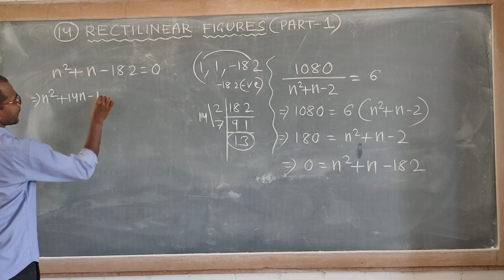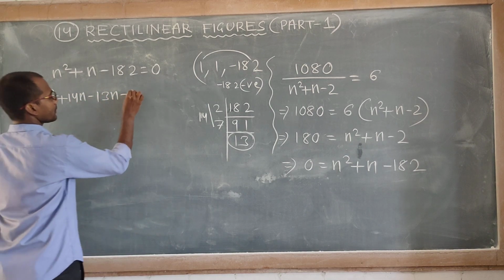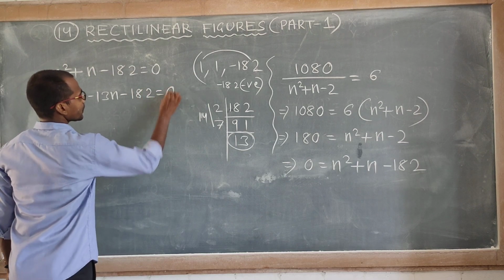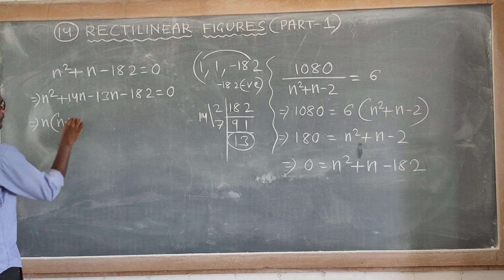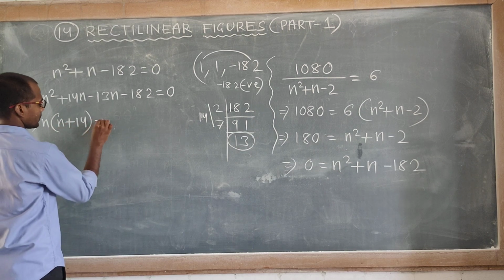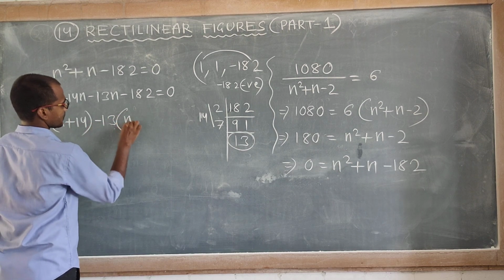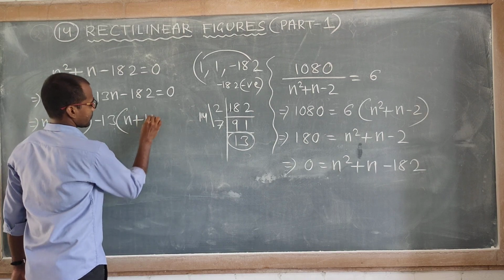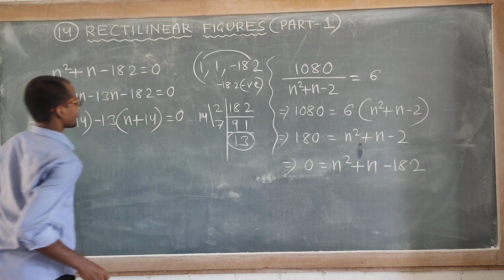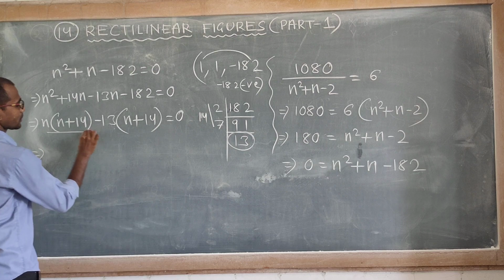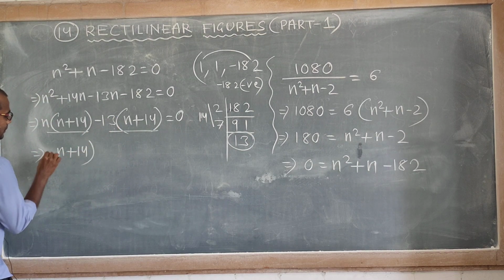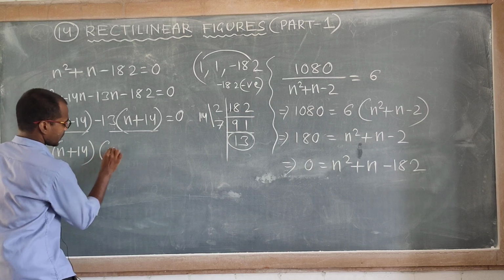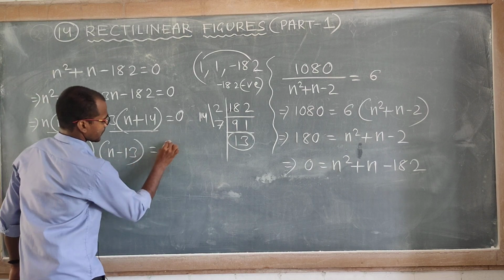So 14n minus 13n minus 182 is 0. n(n plus 14) minus 13(n plus 14) is 0. There are two terms, n plus 14 can be taken common. So the remaining is n minus 13.